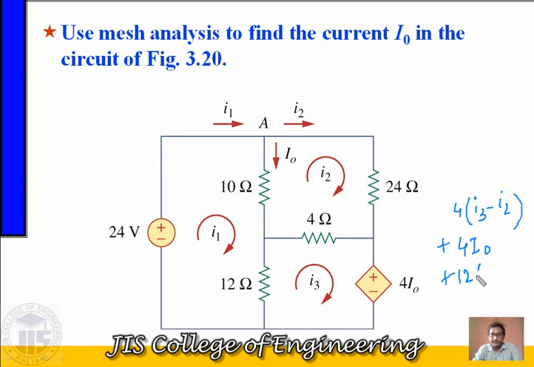Now which current is there: I3 current that is down to up, and I1 current that is up to down. So we have to write I3 minus I1.